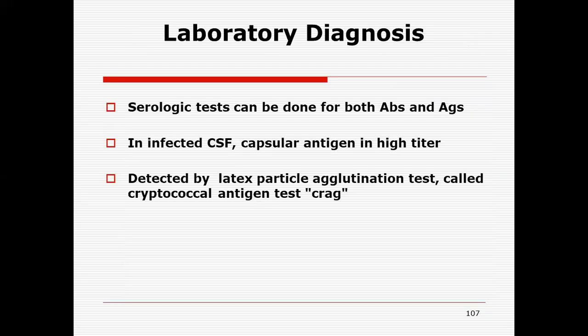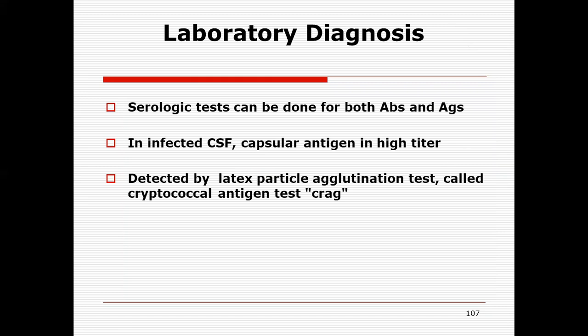The laboratory diagnosis we can also have with serological tests, which can be done with either antibodies or antigen. In infected CSF, the capsular antigen is very high because this organism makes a big capsule. That big capsule antigen is very prevalent, and the antigen titer is very high in the CSF.